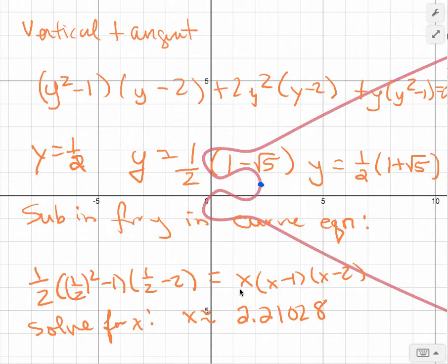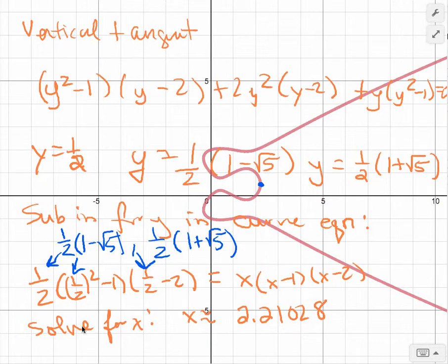And you repeat that process, just instead of putting in a half for y, put in 1/2 times 1 minus root 5, and then put in 1/2 times 1 plus root 5.